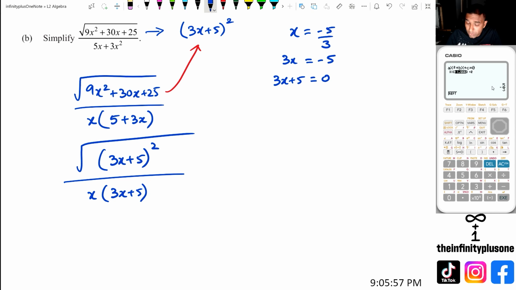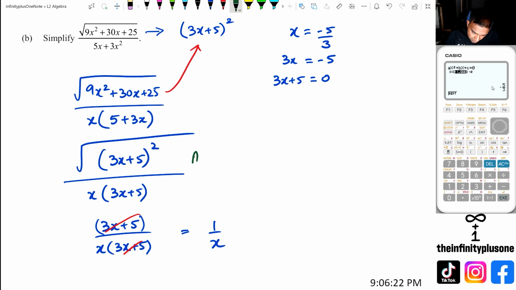Now when you take the square root of a squared number, you're just going to end up with 3x plus 5 over x times 3x plus 5. Remember then, the numerator cancels with the denominator. Sorry, I forgot the bracket there. And this is then equal to 1 over x. So grades wise, factorizing the surd gets you an achieved, and then merit is all the way down here.